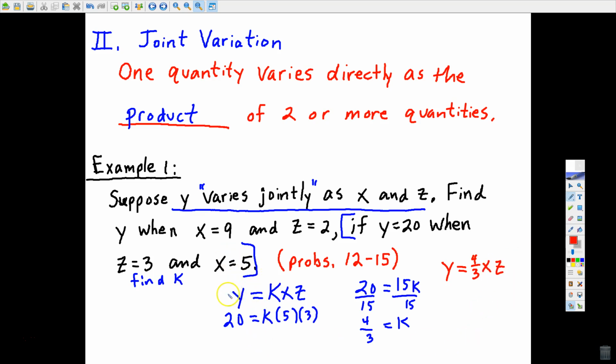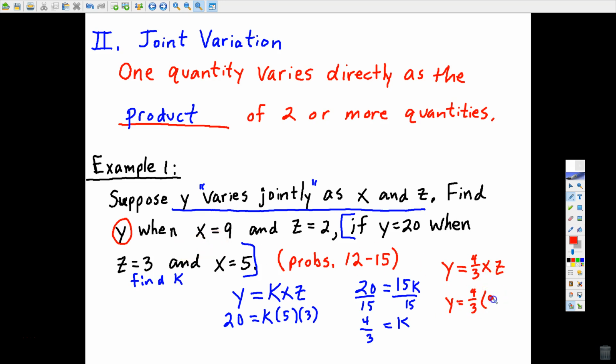Okay, so again, write down your equation in general, then use the information in the problem to find k. Now write a specific equation that matches with this particular problem. And now we're ready to find y. You see how it's telling us to find y given these values for x and z. So really all we have to do is substitute.